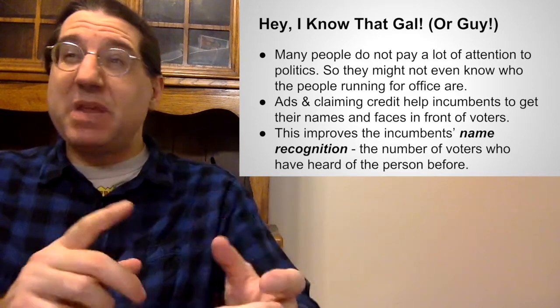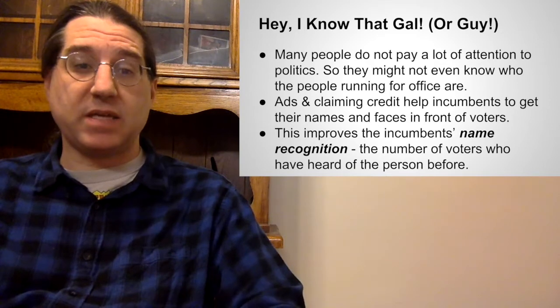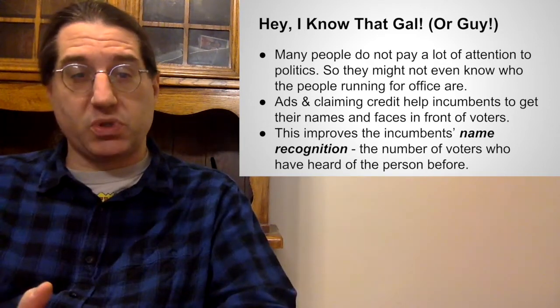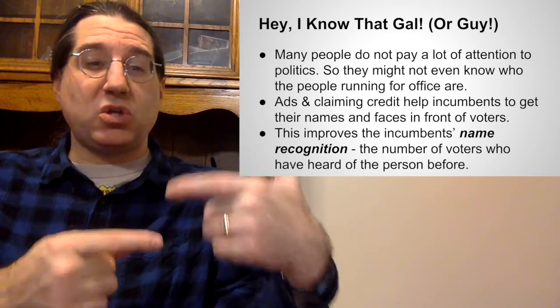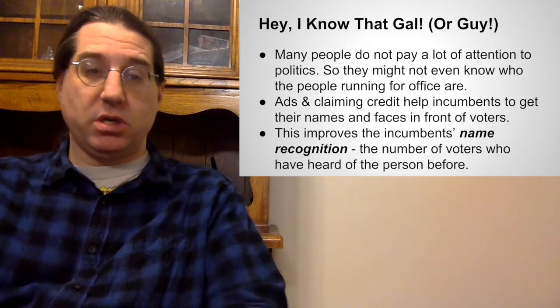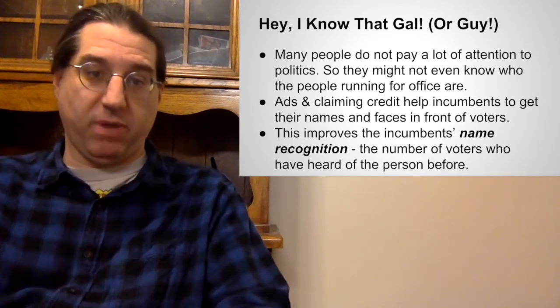And so even people who aren't paying a lot of attention to politics are going to hear about Representative Smith or Senator Jones. And that's going to improve what's called the name recognition of the senator or the representative.